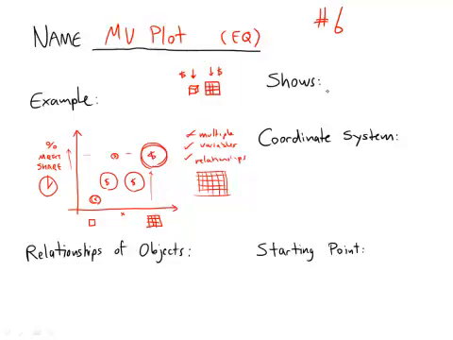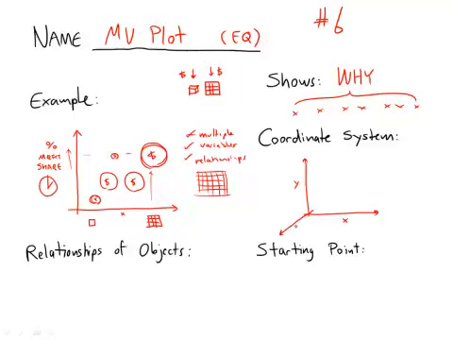Okay, so what does a multivariable plot show? Well, it shows the underlying y's, which is really the simplest way to think about it, a combination of everything that we'd seen up to this point, all bundled together. The coordinate system for a multivariable plot is typically an x-y coordinate system where we add in another dimension.